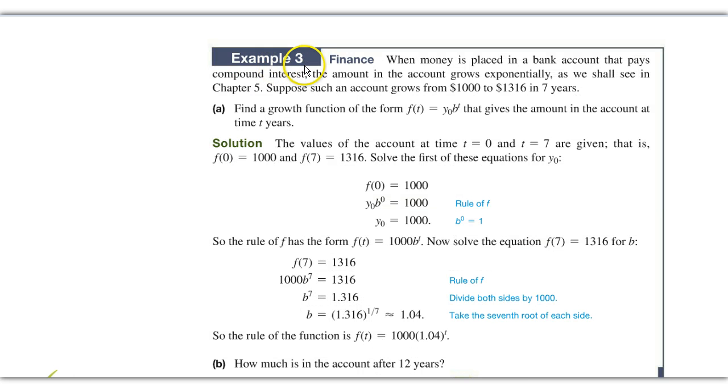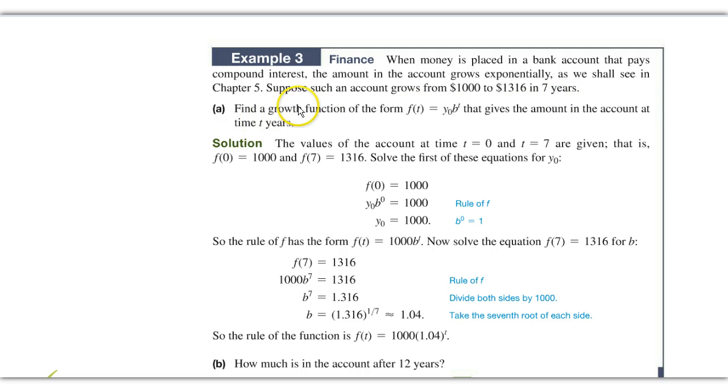As we look at example 3 in finance, here when money is placed in a bank account and pays compound interest, the amount in the account grows exponentially, as we shall see in chapter 5 that we don't cover, so we'll skip that part. Suppose such an account grows from $1,000 to $1,316 in 7 years.